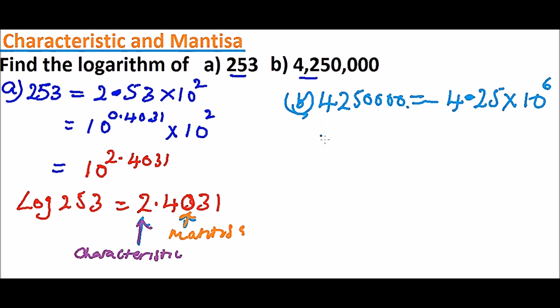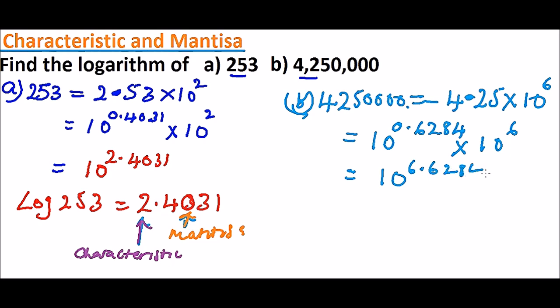Now we can express this 4.25 to the powers of 10. From the logarithm table, we get this is 10 to power 0.6284. You multiply by 10 to power 6. Now we add the indices. When you add 0.6284 to 6, you get 6.6284.